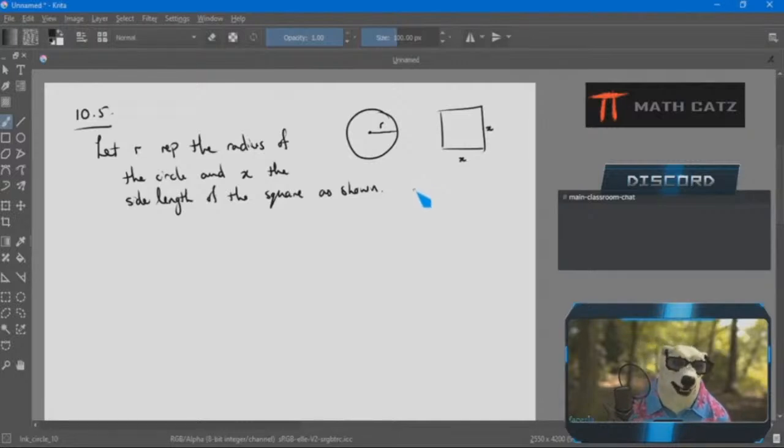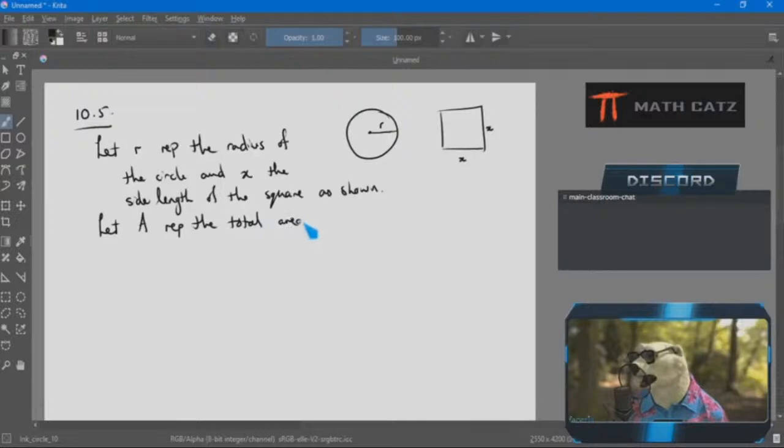Then I've noticed, of course, even at this early stage, that I'm looking to make the area as big as possible. So I know that I'm going to work with an area function, which means I need to define the name. Let's use the familiar A, maybe not familiar to the reader, so I need to define it. Let A represent the total area.